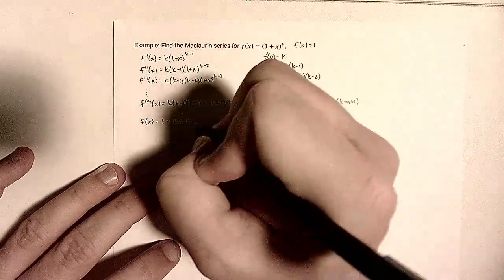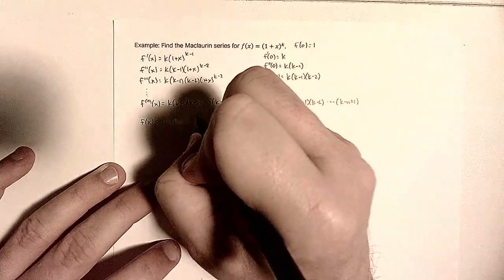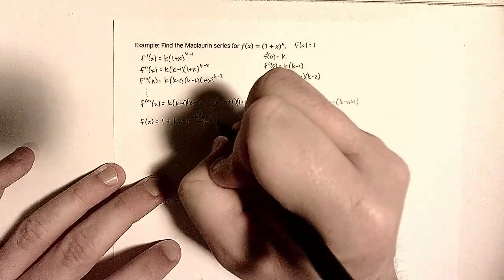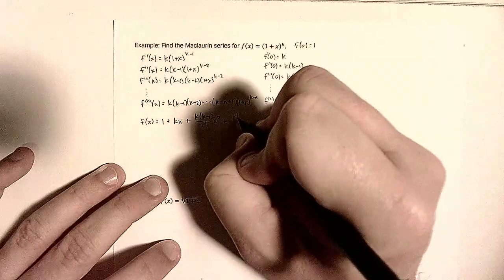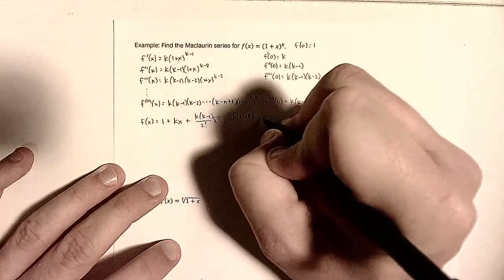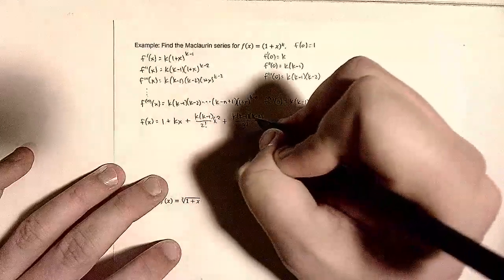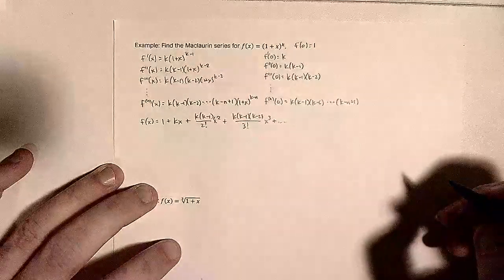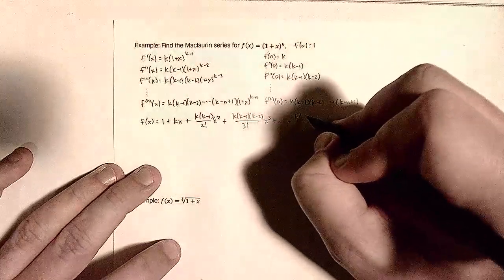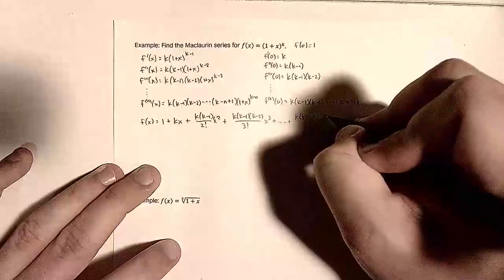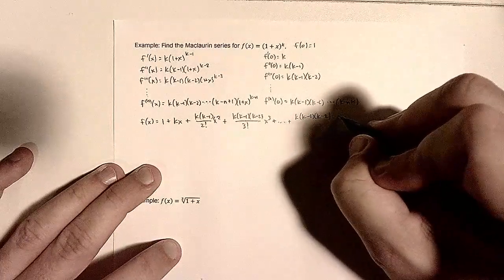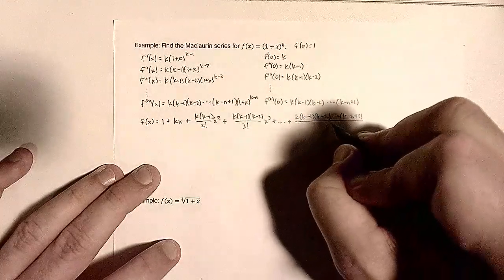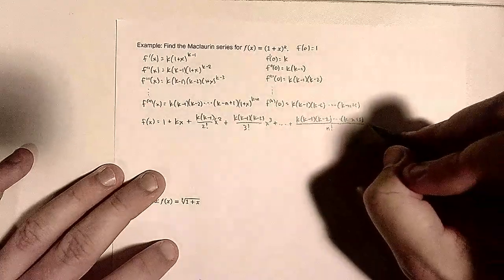1 plus k times x, plus k times k minus 1 over 2 factorial, x squared, plus k times k minus 1, k minus 2 over 3 factorial, x cubed, plus so on until we get to our last term, which is k times k minus 1, k minus 2, up to k minus n plus 1 over n factorial, x to the n.